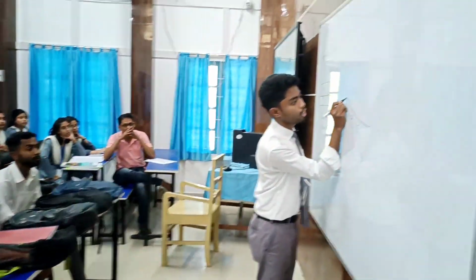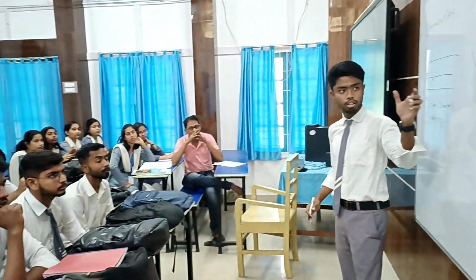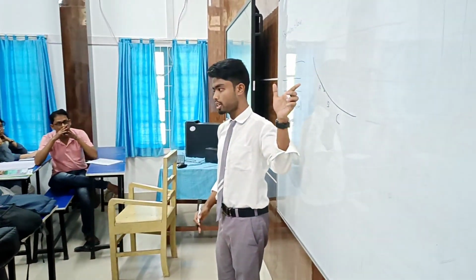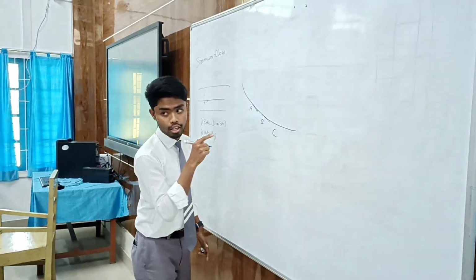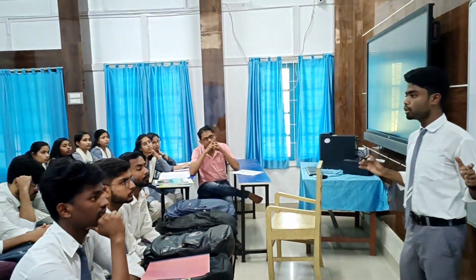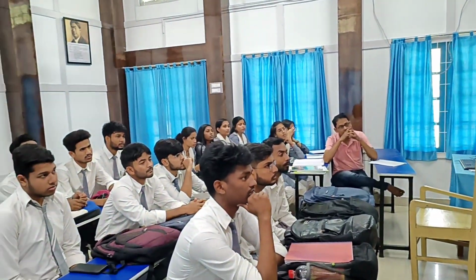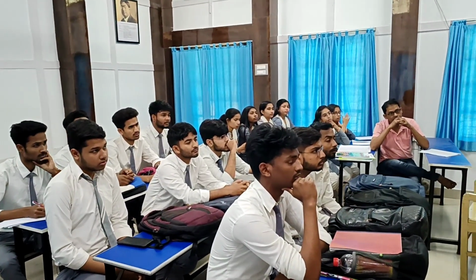Suppose we draw a tangent at this point A. This gives the direction of velocity of the liquid particle at point A. This is one property of a streamline path.